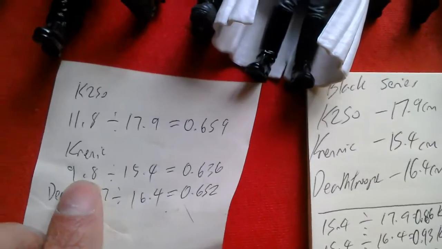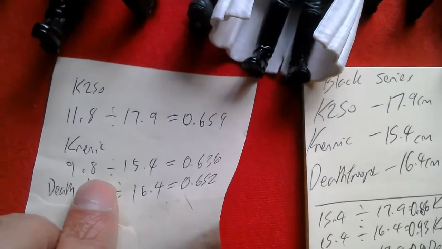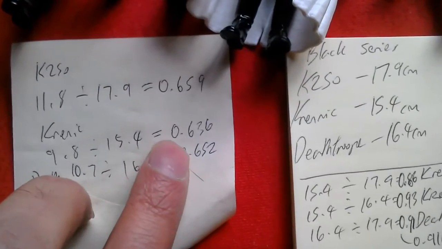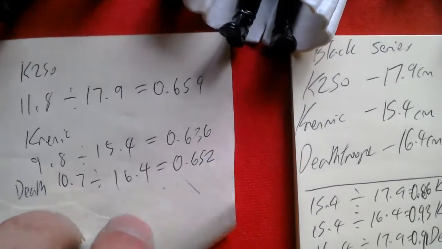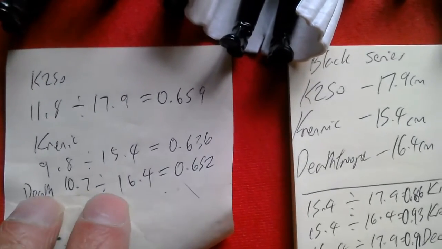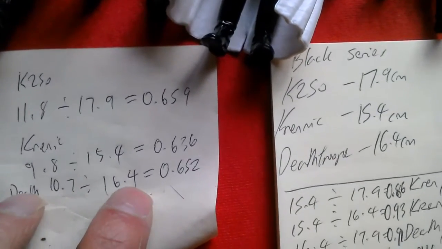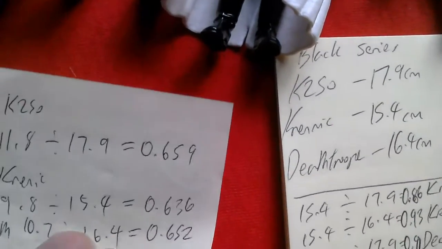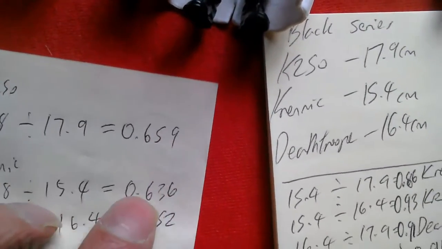Krennic is 9.8 centimeters in the 3.75 divided by 15.4 for the Black Series, which gives you 0.636. And the Deathtrooper is 10.7 in the 3.75 divided by 16.4 centimeters in the Black Series, which equals 0.652. So we've got really close results.